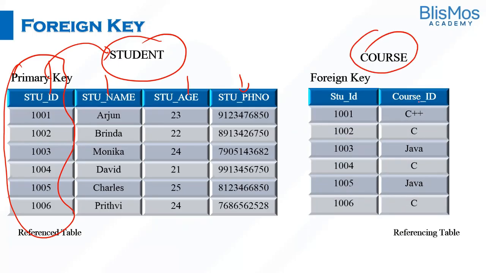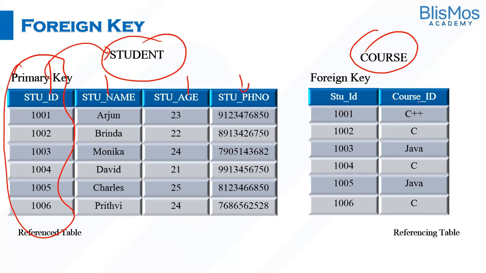So now if I want to know what are the different courses taken by Arjun, then the student table has to refer to the course table. There should be some way to refer to the number of courses taken by each student in the student table, right? That is where foreign key comes into picture.